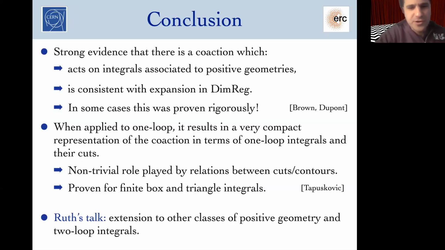Hey, Claude, a beautiful talk. It's really cool that the coaction commutes with dim reg. That actually made me wonder something. Recently, I've been enjoying looking at what's called analytic regularization.